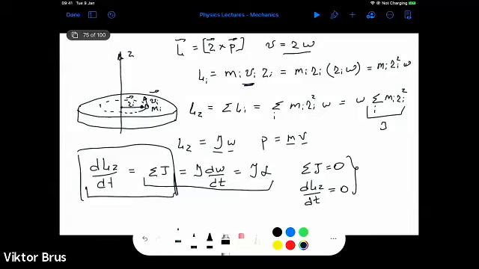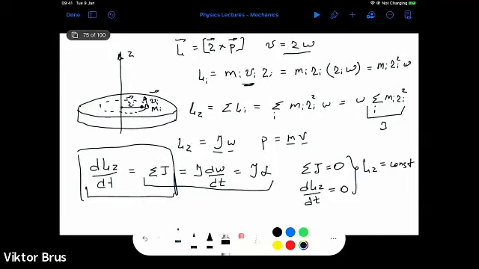From here, we can make a statement for the conservation of angular momentum, where Lz is equal to constant.